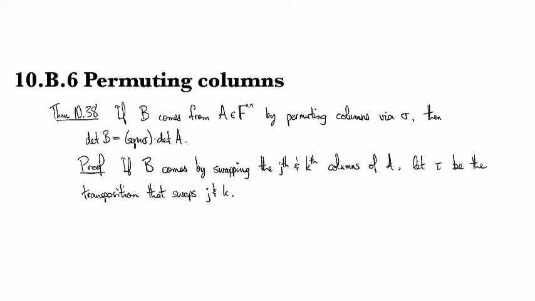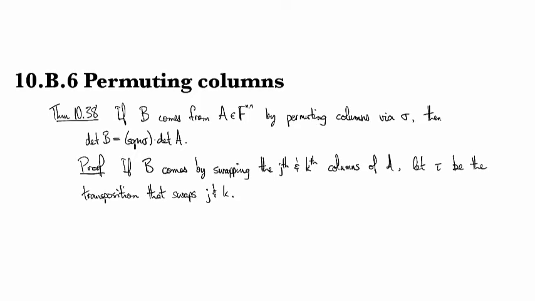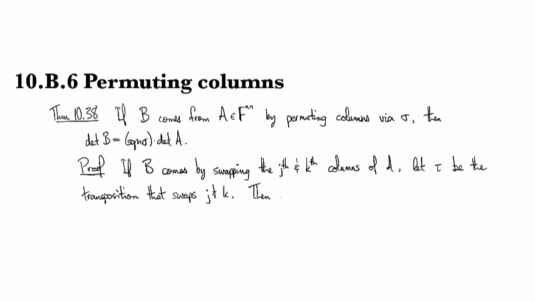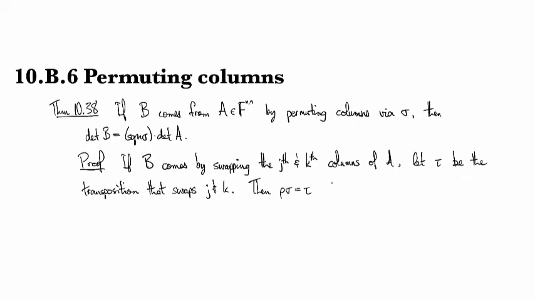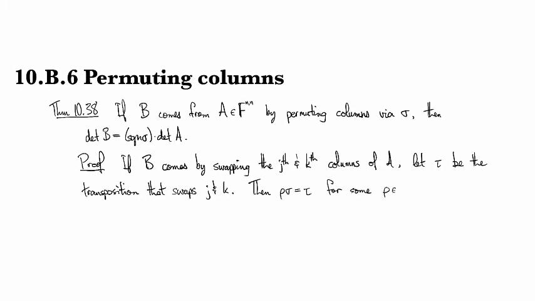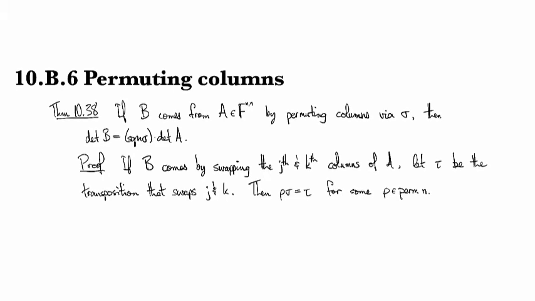Okay, so tau is a permutation, and it interchanges j and k and leaves everything else fixed. Then rho sigma equals tau for some permutation rho.